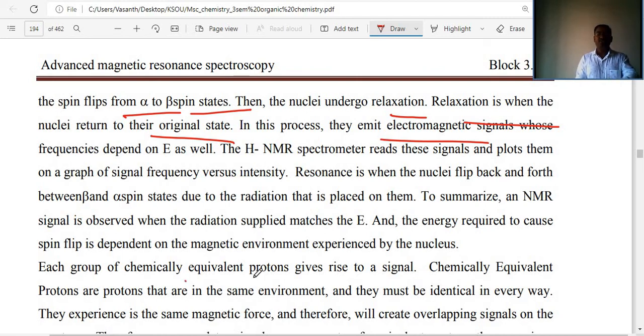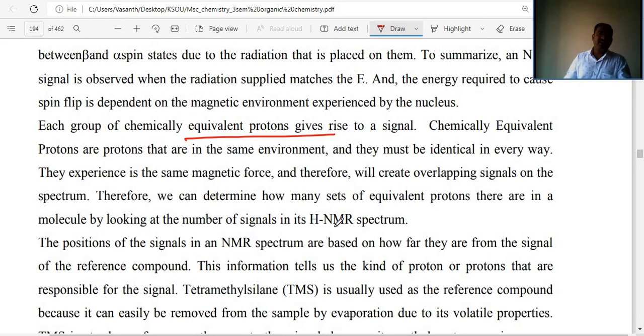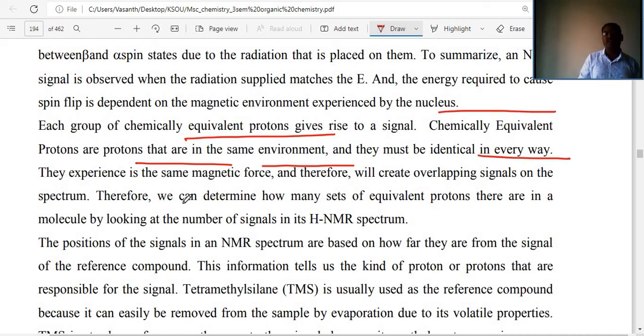Each group of chemically equivalent protons gives rise to a signal. Chemically equivalent protons are protons that are in the same environment and must be identical in every way. They experience the same magnetic force and therefore create overlapping signals on the spectrum.